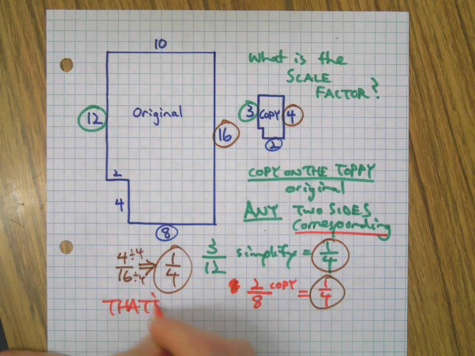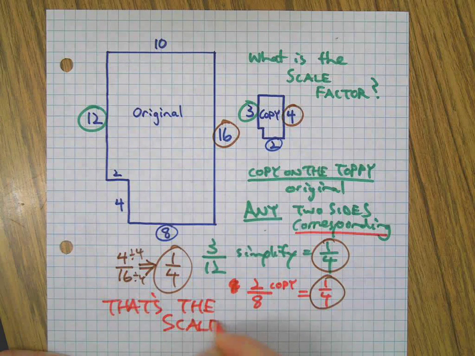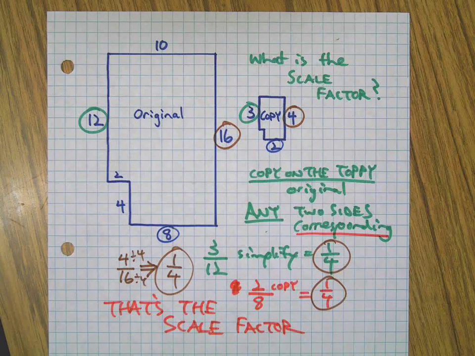That is the scale factor. The scale factor is just the simplified ratio comparing the corresponding sides, any pair of corresponding sides, from similar shapes with the copy on the top.